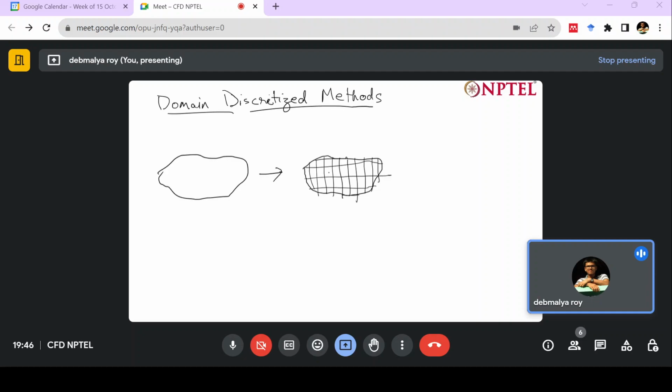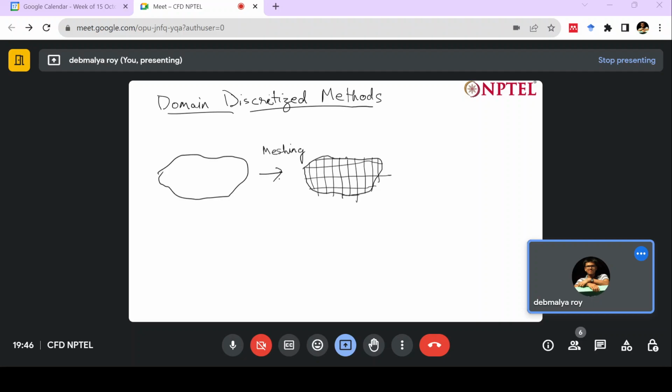And let's say each of these domains is solved individually using the methods that we had discussed or some other methods, and then they are stitched back together. So this is called meshing, or discretization, if you will.